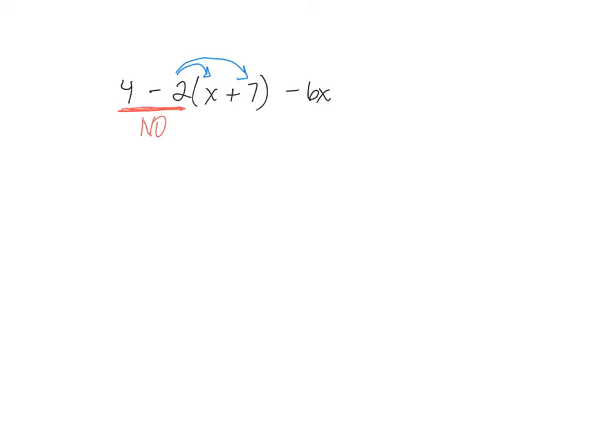So make sure also that the negative is going with it. So I'm going to have 4. I didn't do anything to the 4. Negative 2 times x is negative 2x. Negative 2 times 7 is negative 14.